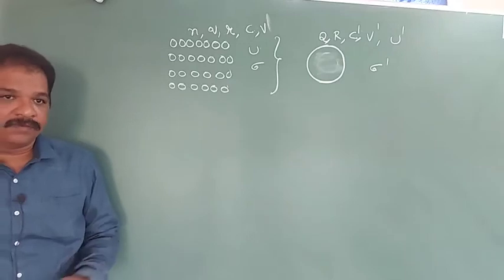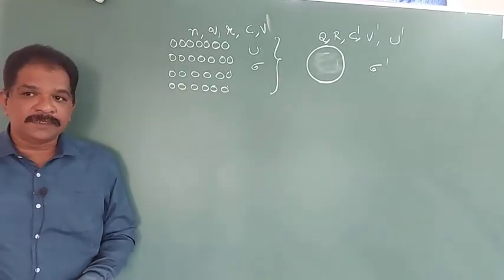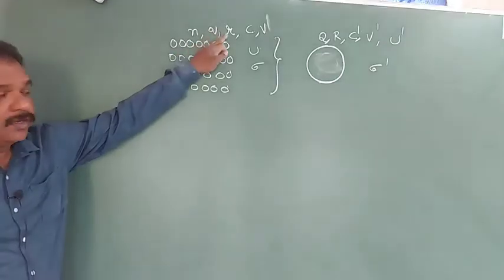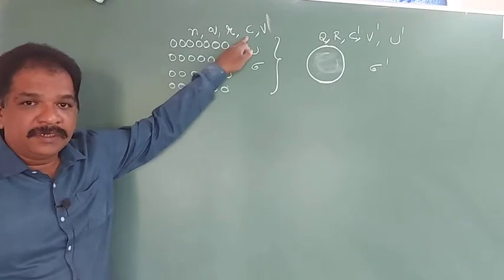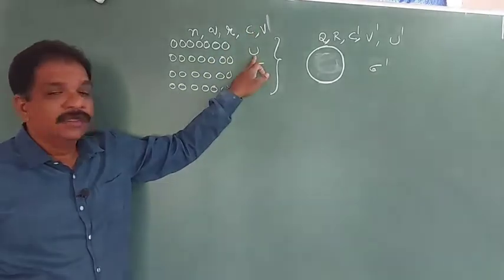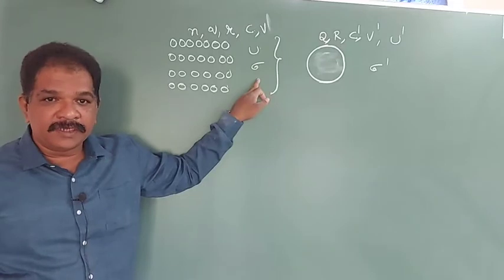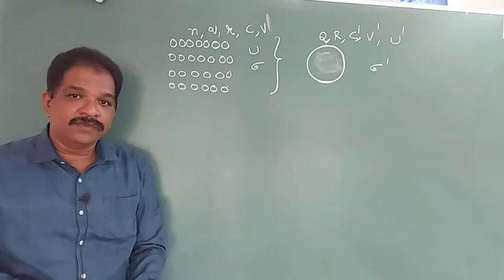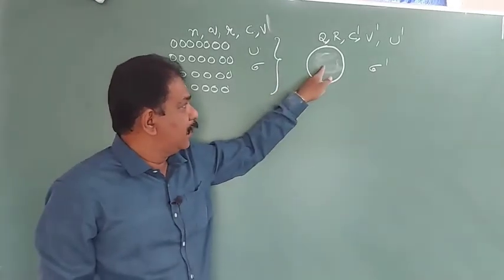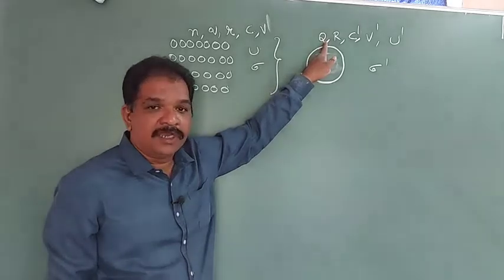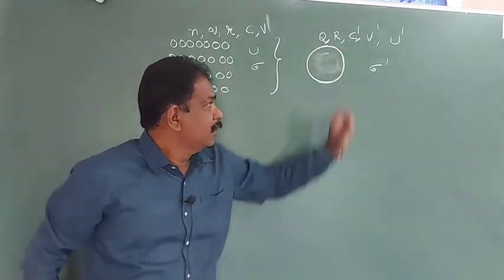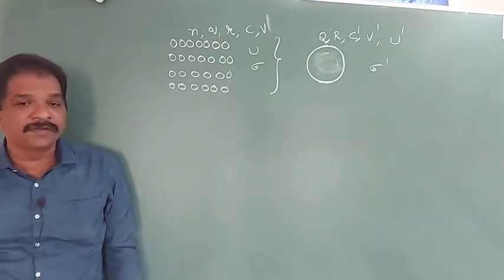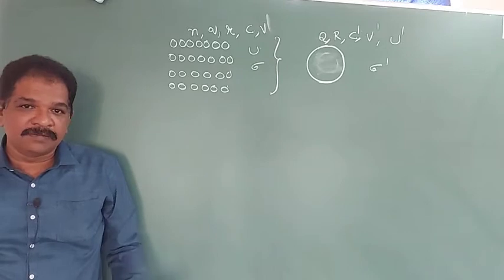Once again, n identical drops are there, each having charge q, radius r, capacity c, potential V, energy U, surface charge density sigma. All these drops are combined so that one big drop is formed, with charge Q, radius capital R, capacity C dash, potential V dash, energy U dash, surface charge density sigma dash.